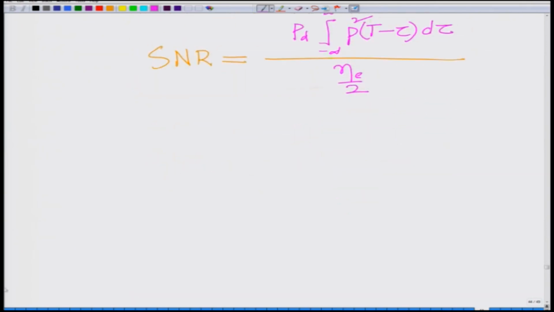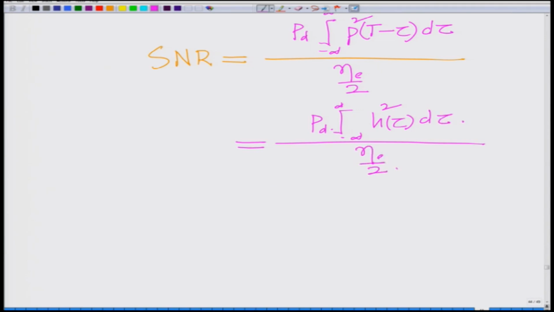But we have seen p(T minus tau) is nothing but h(tau). So, this is P_D by eta naught by 2 into integral from minus infinity to infinity h square.